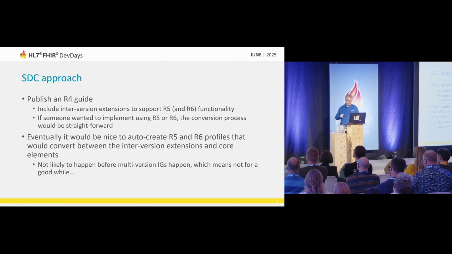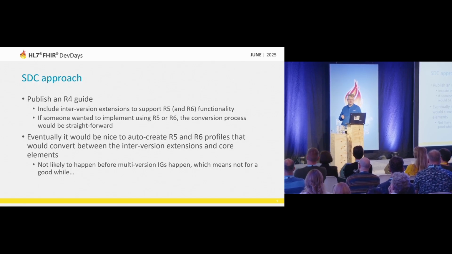Structured data capture, which is one of the guides that I'm responsible for, is focused on questionnaires, is currently focused on R4, because in our market, there aren't a whole lot of people who are interested in R5 yet, and R6 isn't available. But we added some changes to the questionnaire resource in R5 that we kind of wanted to take advantage of.